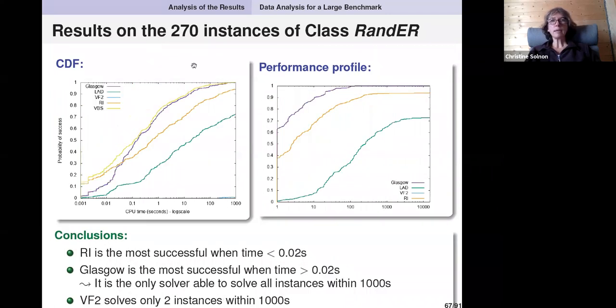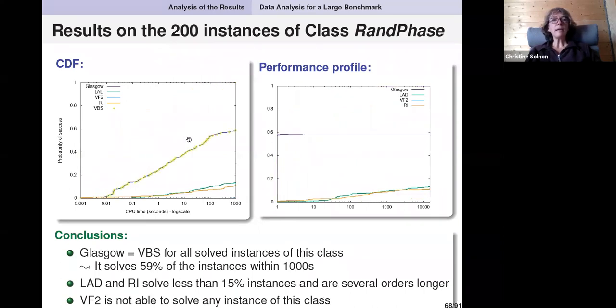And here I don't have a single winner, though Glasgow is really much better than all other approaches. But for short CPU time limits, sometimes Ri is better, and so the VBS is sometimes a little bit higher than Glasgow. And finally, here are the very, very difficult instances which have been randomly generated by using our work on phase transition.